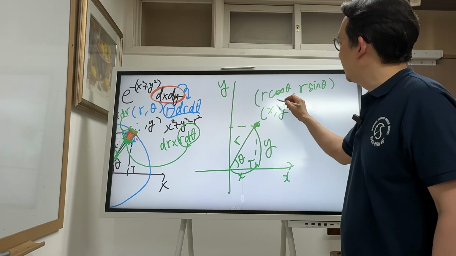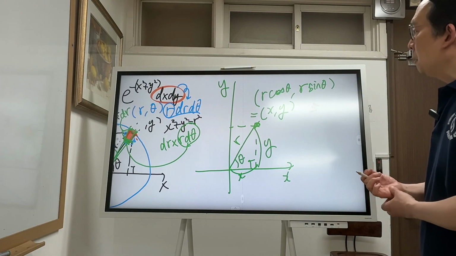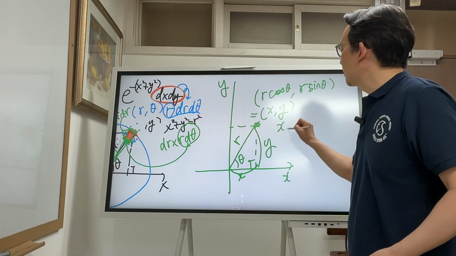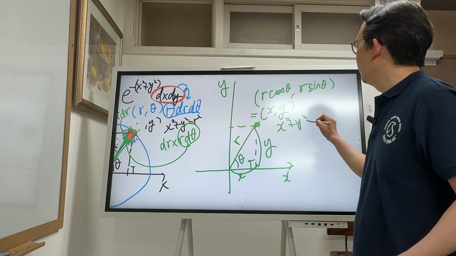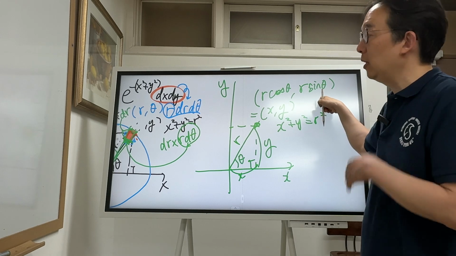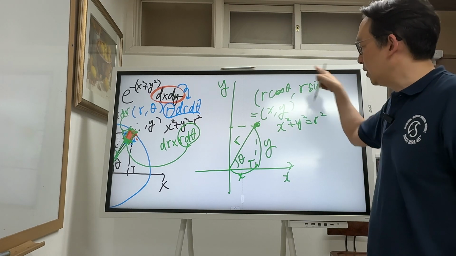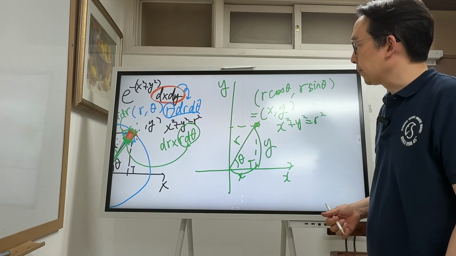So x squared plus y squared will be equal to r squared, since cosine squared plus sine squared equals 1. That's why this relation holds true.